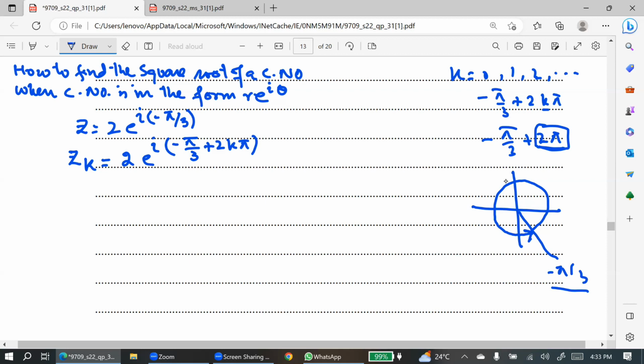K is equal to 0, k is equal to 1, k is equal to 2. Now, when k is equal to 1, it will be 2 pi. Let me explain it again, one minute.